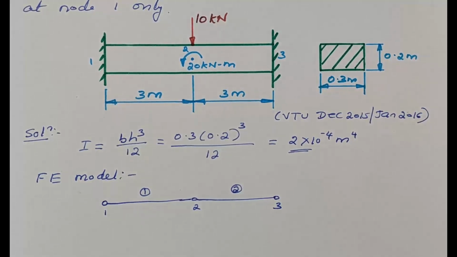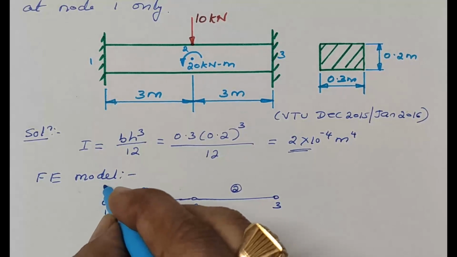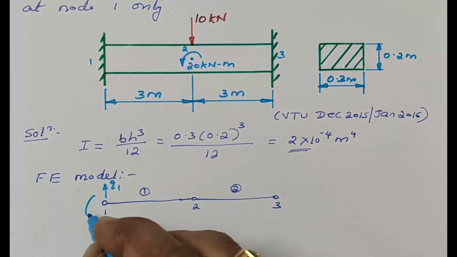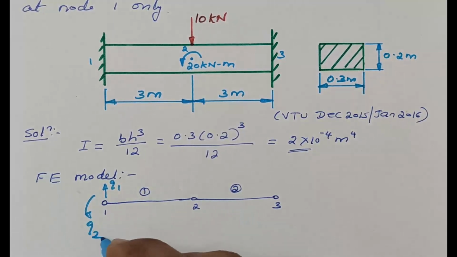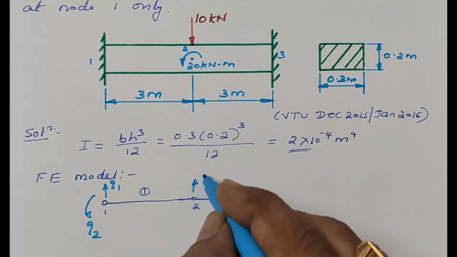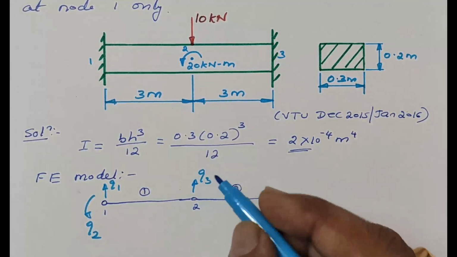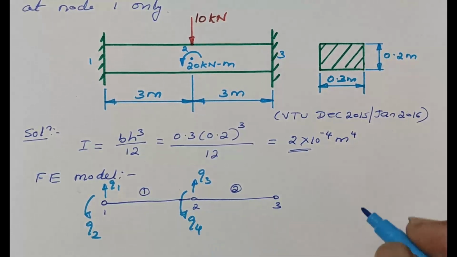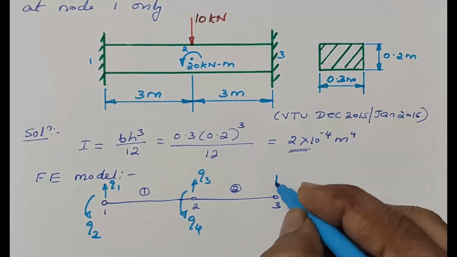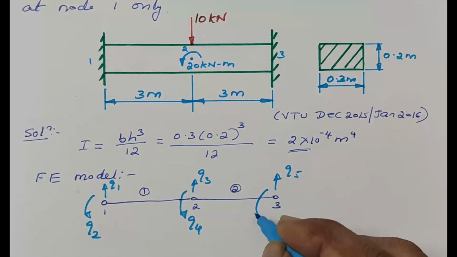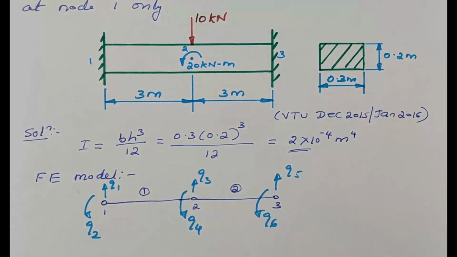Next is the nodal displacements. At node 1 we will take Q1 as translation, Q2 as rotation or slope. At node number 2, Q3, Q4. Similarly, at node number 3, it is Q5, Q6.